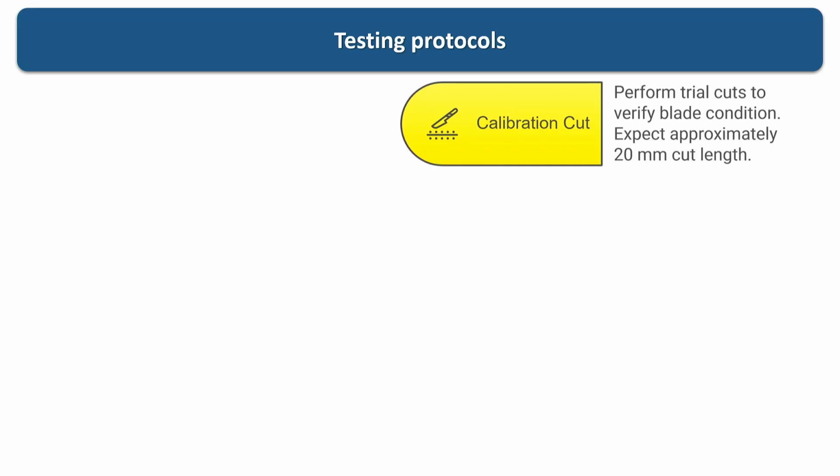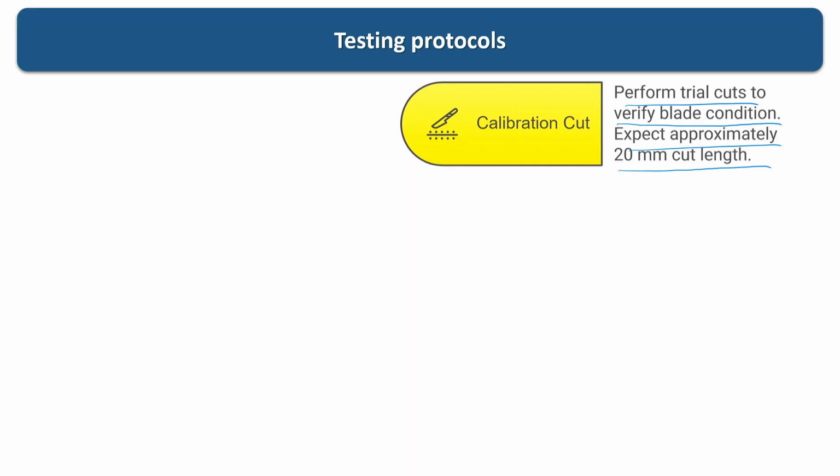Now, first is the calibration cut. For any test, we have to have some calibration cut through. Calibration cut, what is that? Perform a trial cut to verify the blade condition. Okay. Expect approximately 20 millimeter cut length.